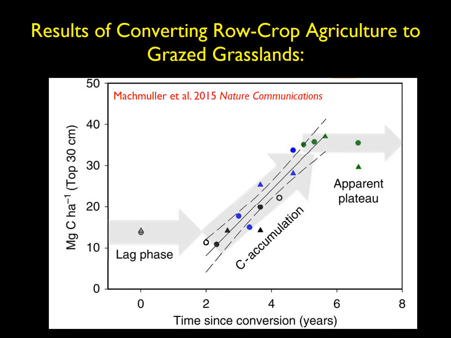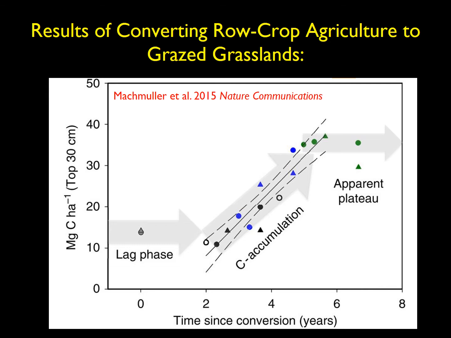This is data from a study where they converted row crop agriculture to grasslands that were grazed, so pasture land, so that they were still able to have some agricultural productivity from livestock.